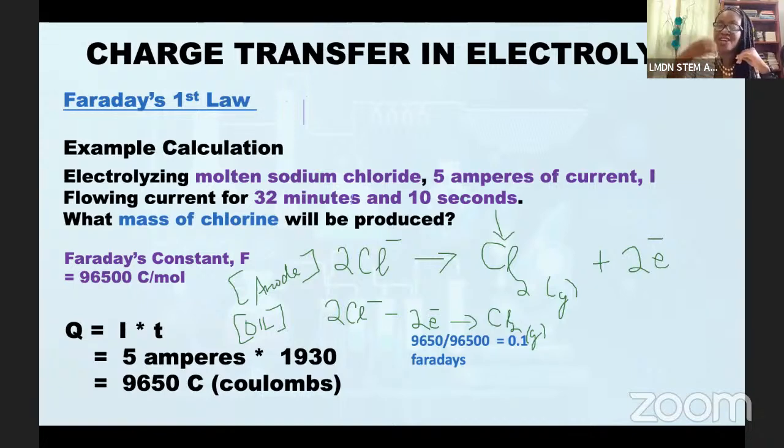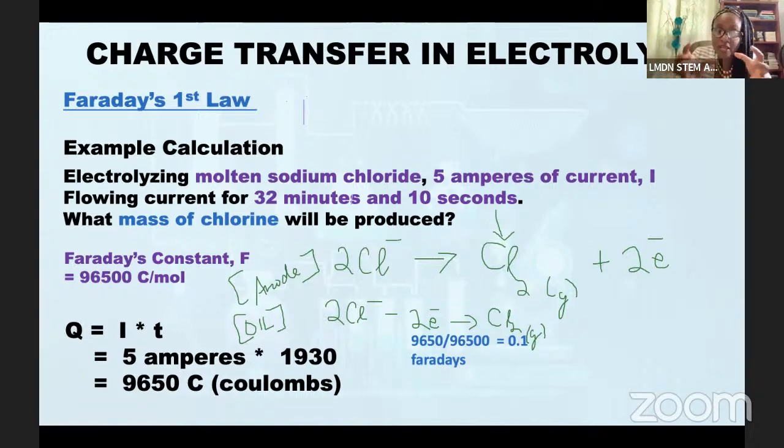So the number of moles of electrons that get transferred, and then as a result of that, the mass of stuff that we get. Because it's the amount of electrons that get transferred that gives us the overall charge that gets moved throughout the system. And then as a result of that, that tells us how much mass of stuff will be deposited or produced, whether it's at the anode or at the cathode.